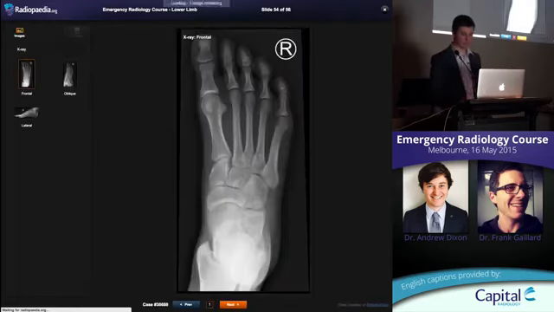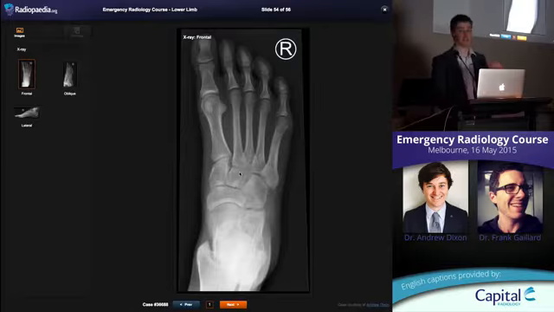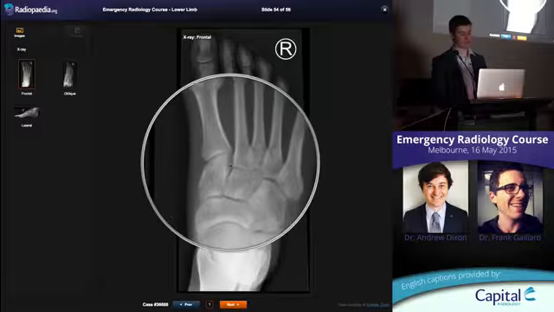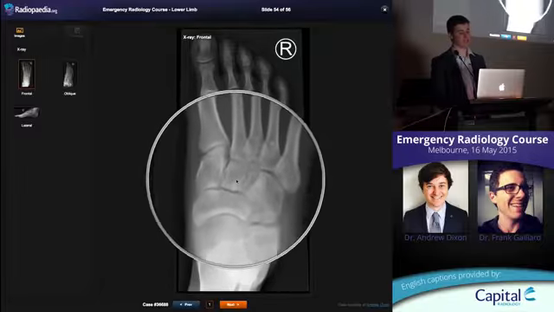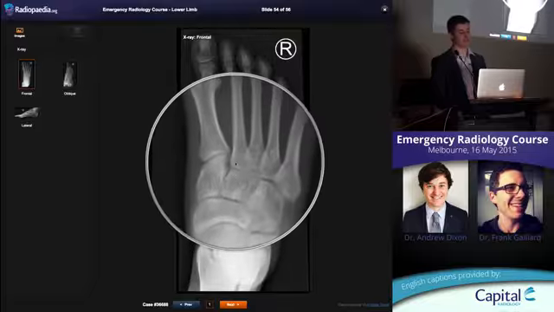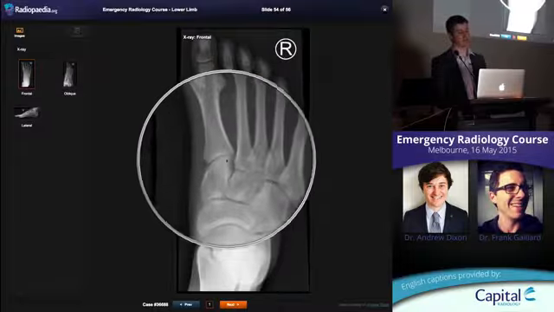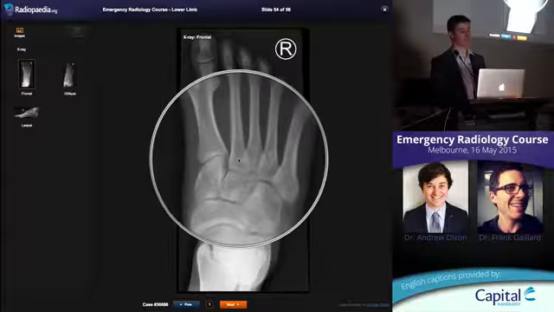I'm going to skip forward to the next case to talk about some of the normal anatomy of the foot. And the normal anatomy I want to point out is the tarsometatarsal articulation, which is also known as the Lisfranc joint. Okay, so the Lisfranc joint is the joint that comes along here, and is the articulation between the tarsal bones, cuneiforms, and the cuboid and those metatarsal bases.